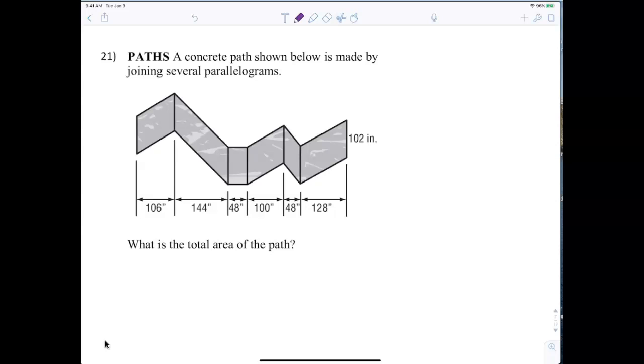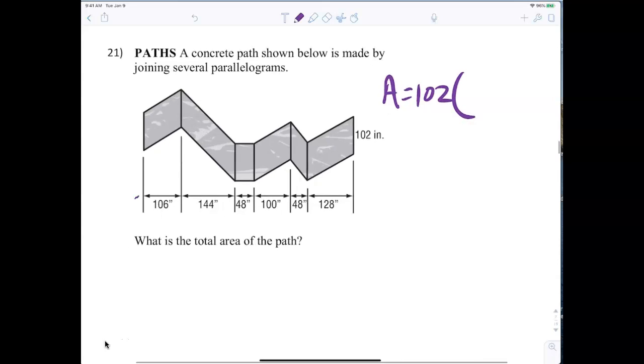So the average kid would just do base times height of 1, 2, 3, 4, 5, 6 different parallelograms, right? But we're smart enough to know the height is always 102, right? And the base is just all those sides added up. All right, is everybody with me on that? So again, the area of that shape is just 102 times this length.